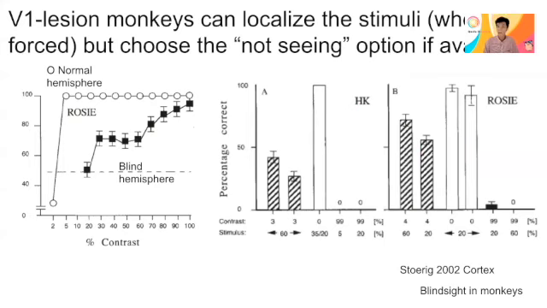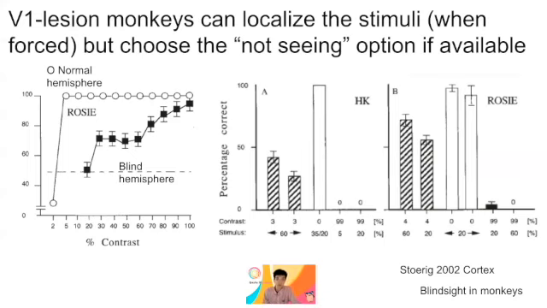And then just to recap, the V1 lesion monkey's performance is comparable to the performance of the human blindsight patient. This 2002 paper by Stoerig compares the performance of the monkey Rosie on the right side, and HK, another blindsight patient, a human, on the left side, in a comparable format of the task.